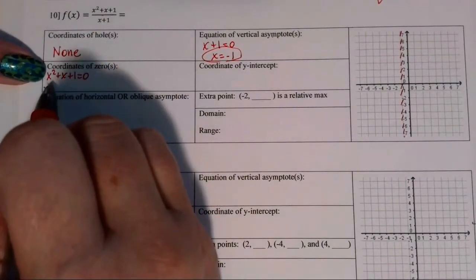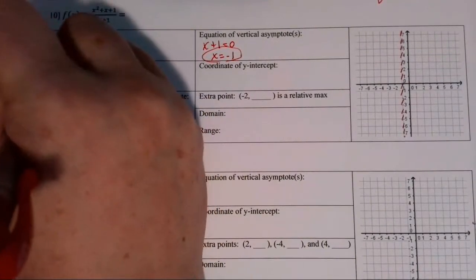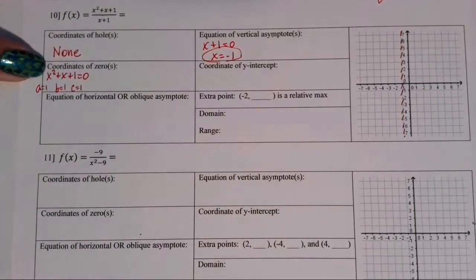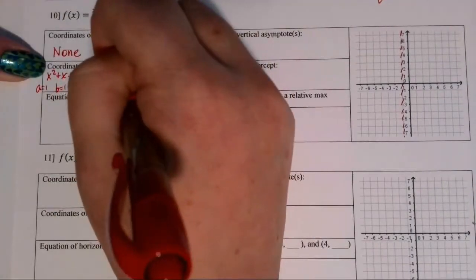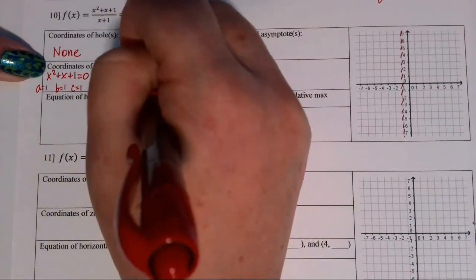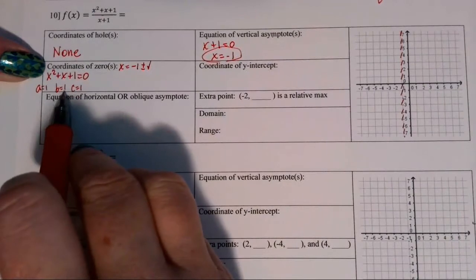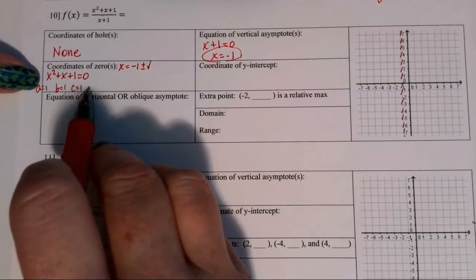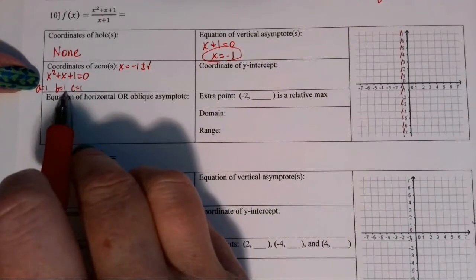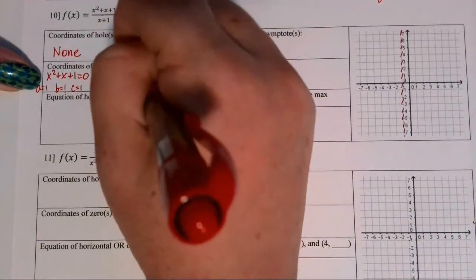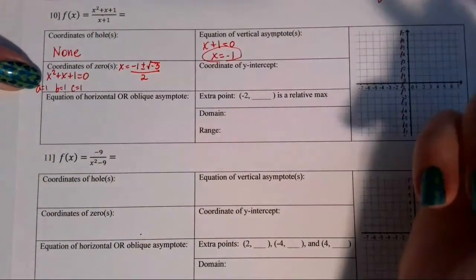So a is equal to 1, b is equal to 1, c is equal to 1, and x equals -b plus or minus the square root of b squared minus 4ac. So that's going to be 1 minus 4, which is -3, and that's all over 2 times a, which is 2.